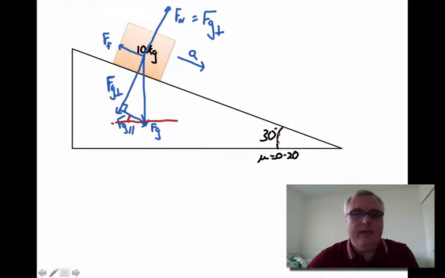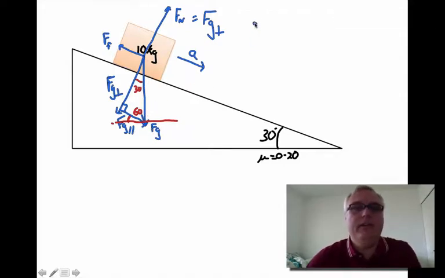So the angle between the slope and the horizontal is 30 degrees. That makes this angle here 60, and this angle has to be 30. So now we know the angles in this triangle.